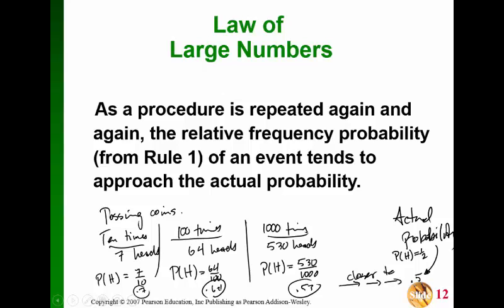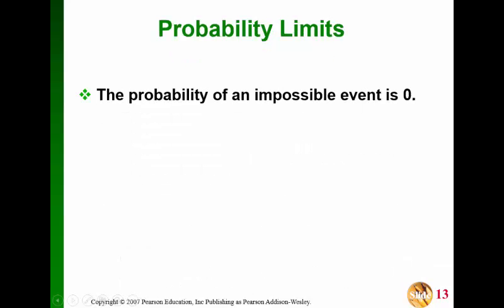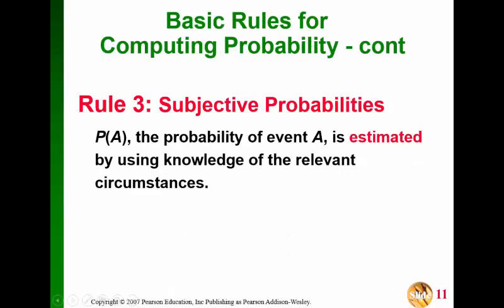All right, so there's also this rule 3 that they mention in the book called subjective probability, and this is not something that we're going to be dealing with, but just to give you an example of what this means, if you go to Vegas and you know the odds for the USA making the finals in the World Cup, versus the odds for Brazil making the finals for the World Cup.